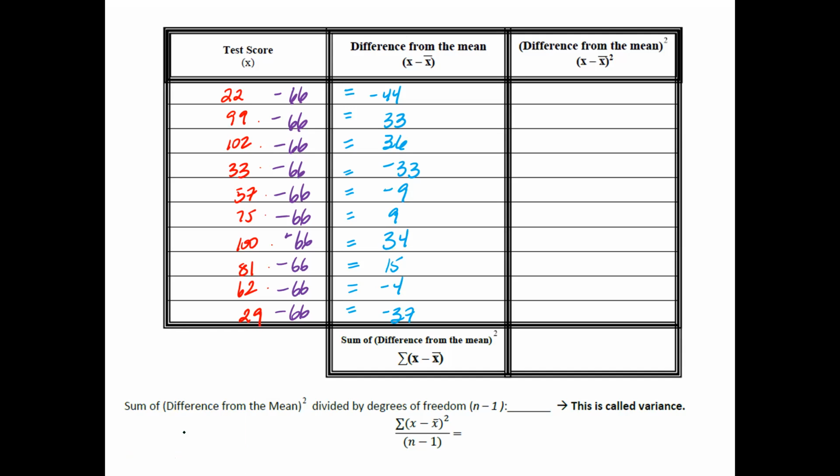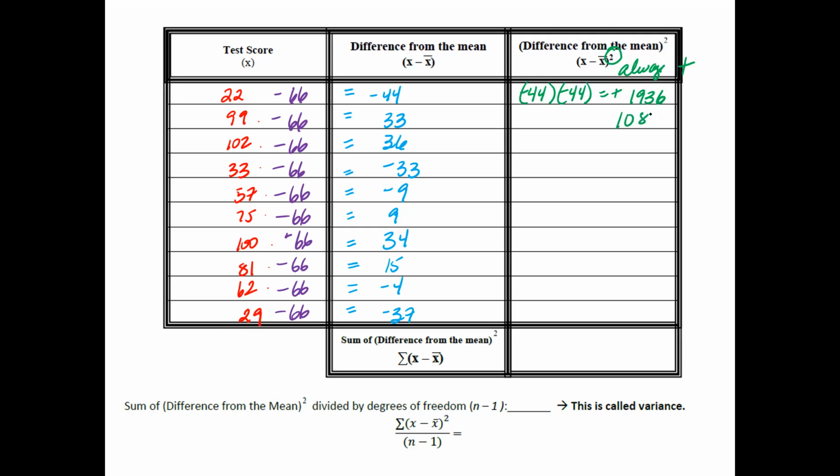Okay, then from there, our last column is just the second column, but squared. And remember, everything is always going to be a positive number for this. So 44 times 44, or negative 44 times negative 44, is going to give you a positive 1,936.